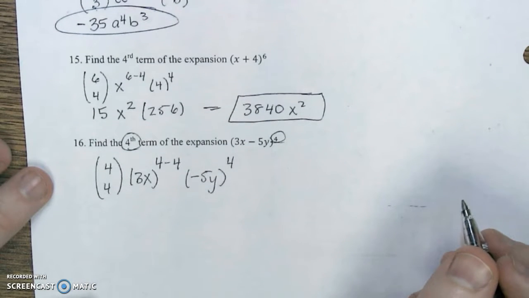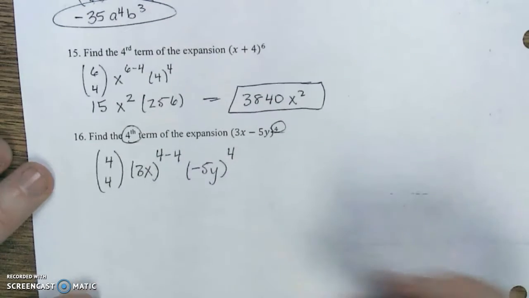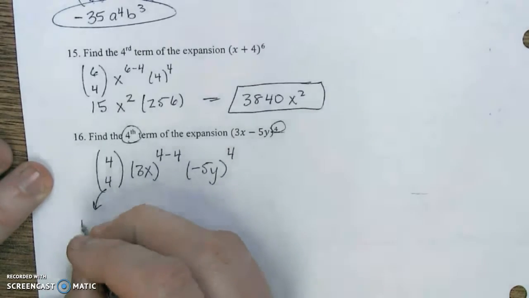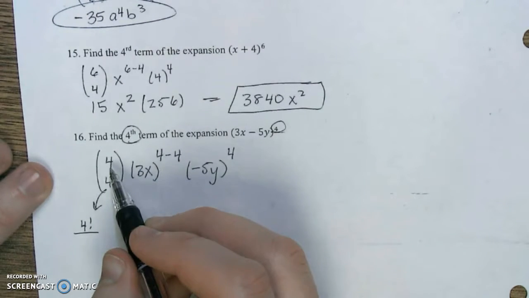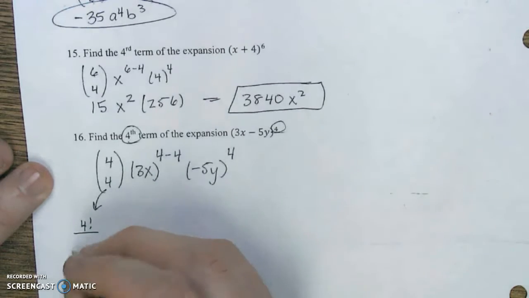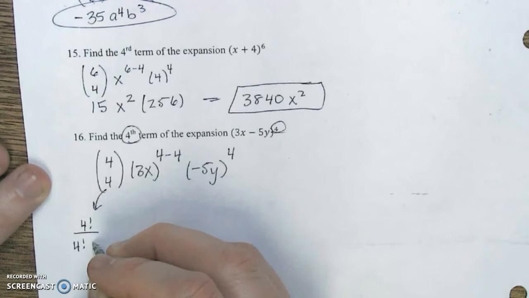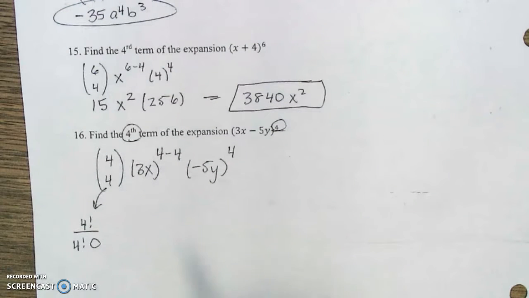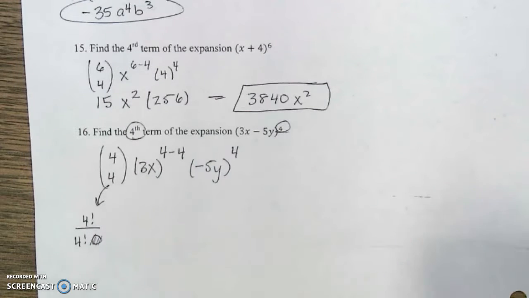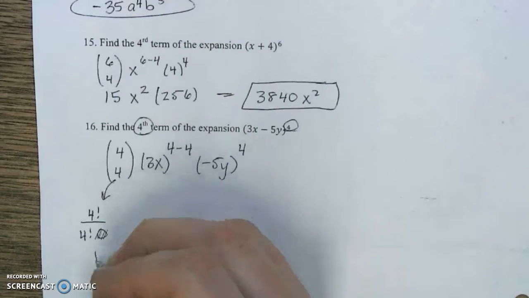So 4 combination 4, if you want to look at that, we would do 4 factorial, and then on the bottom you have k factorial, and then you have 4 minus 4 factorial, which would be 0. And so that's a little weird that we get a 0 down there. So they treat it as if that 0 isn't really there, that you're just doing 4 divided by 4, which is 1. You end up getting 1 for this.